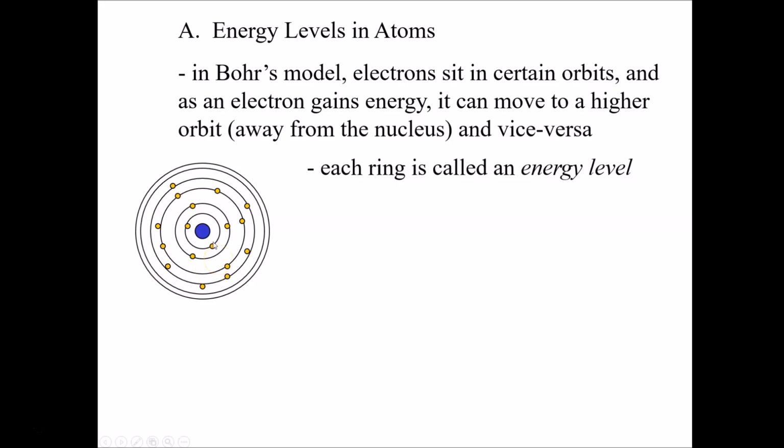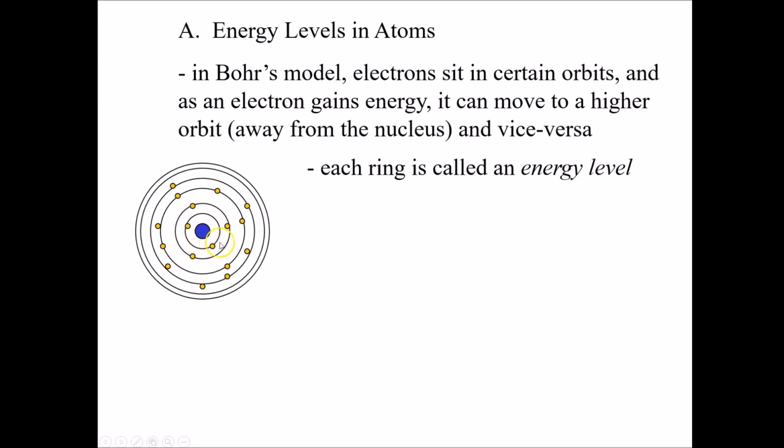And as they get closer and closer to the nucleus, remember the nucleus is positive and the electrons are negative. So there's an attraction there. So the electrons want to be close to the nucleus. So the lowest energy place to be, if you're an electron, is right near the nucleus.